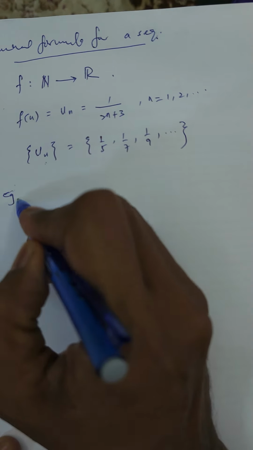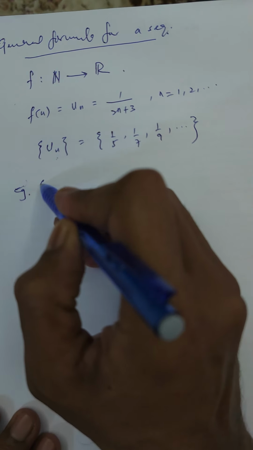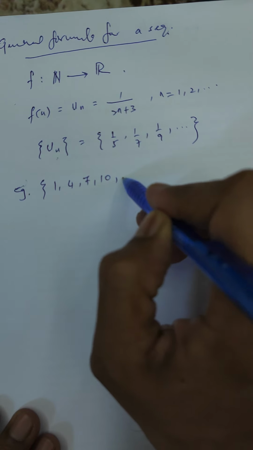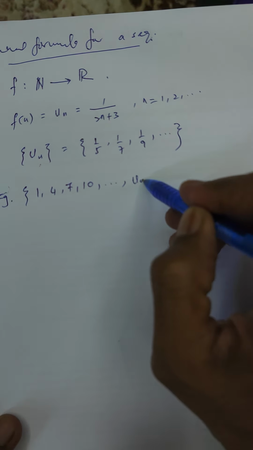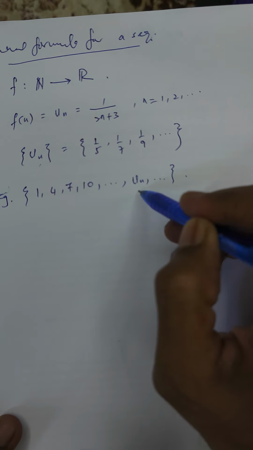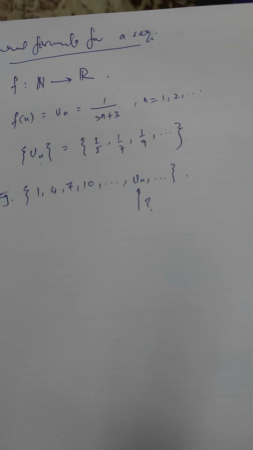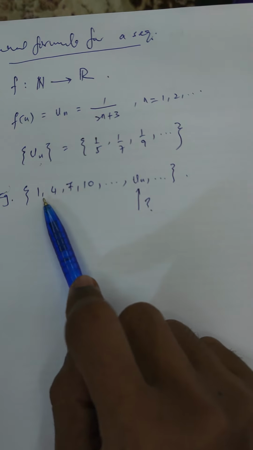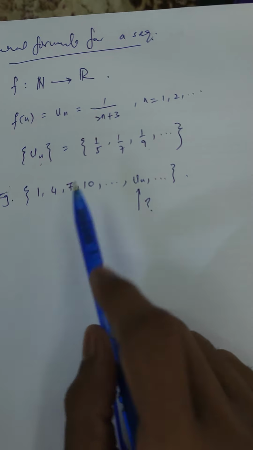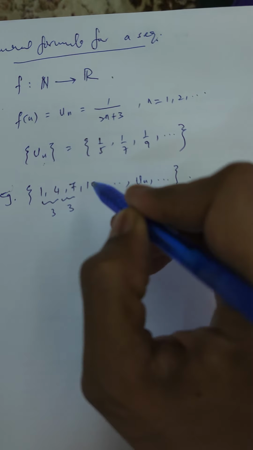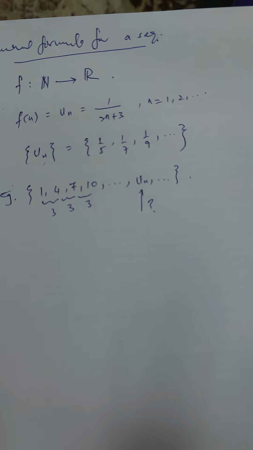Now let's look at this example. Let's say I have 1, 4, 7, 10, and so on. The purpose now is to find what is un. If you look at the elements of that sequence, we notice that there is an increase of 3 each time.